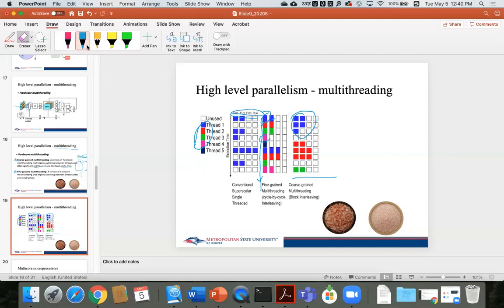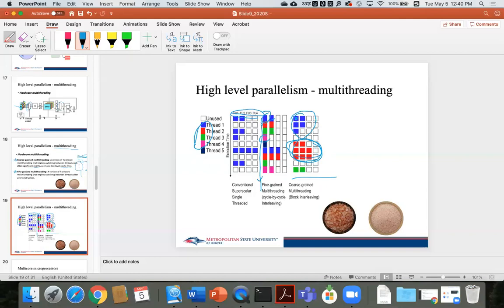For example, you are executing the current thread right now, and then we figure out, oh, there is a cache miss. So we should pad in other things in the timeline. So we start to execute another piece of program, instead of waiting for a long time.